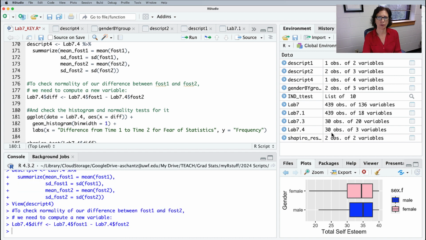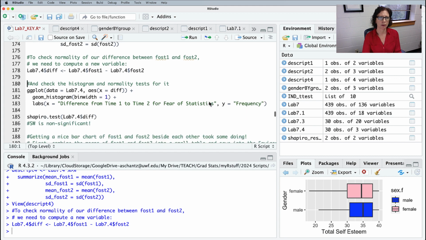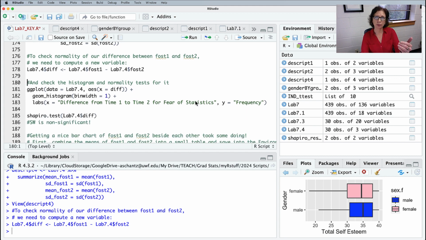So now I have 30 observations of 3 variables. And now that it is a continuous variable, I can go ahead and check the histogram for it and run normality tests on it. Same as I did before with getting my histogram and maybe giving it some labels, making it more interesting to look at and more approachable in case I want to use this in my write-up.